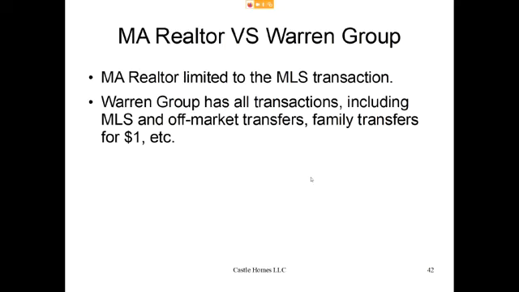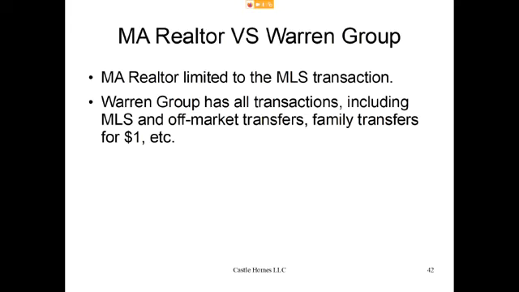Okay, now we're going to get into my graphs that most of you I think are more used to seeing. Just a quick note, MARealtor.com is the realtors, and they only do the MLS transactions. And the Warren Group does everything that's listed at the town registrar's offices.